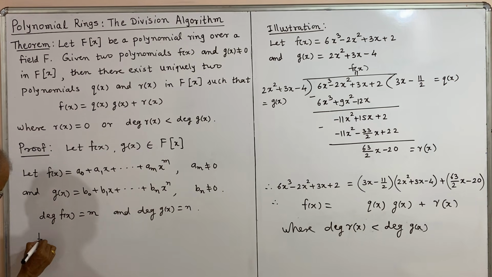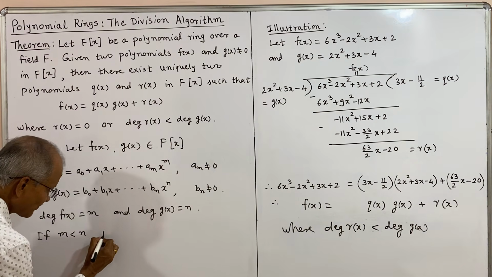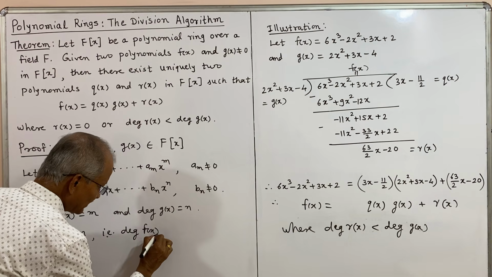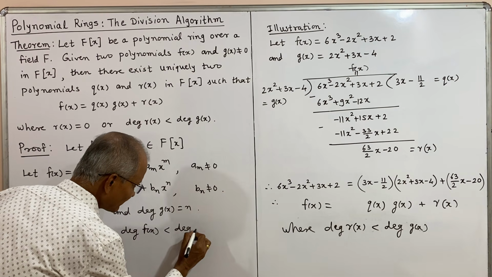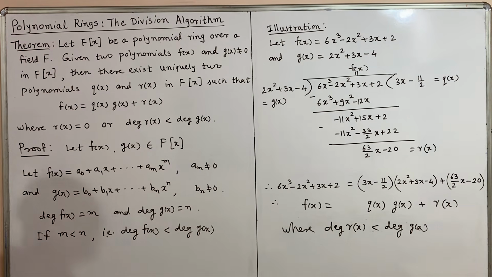So the first case is if m is less than n, that is, the degree of f of x is less than the degree of g of x, then the theorem is obvious.